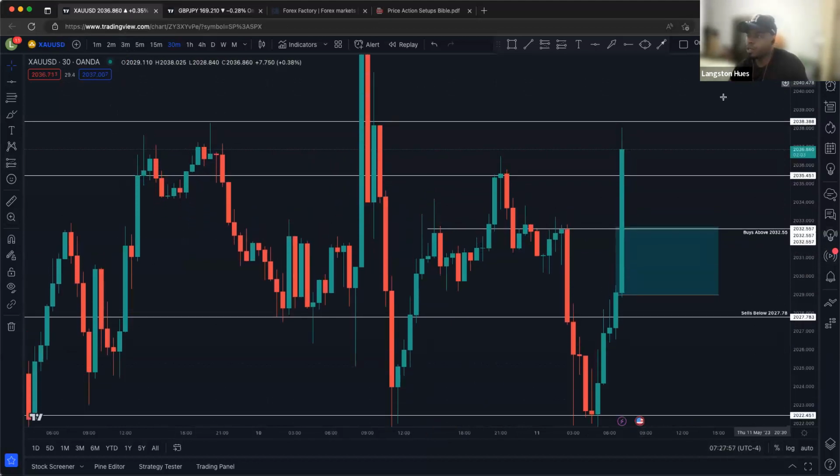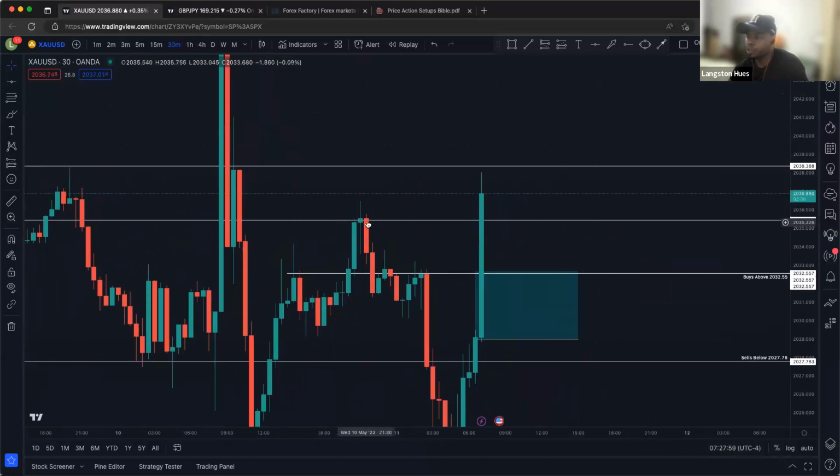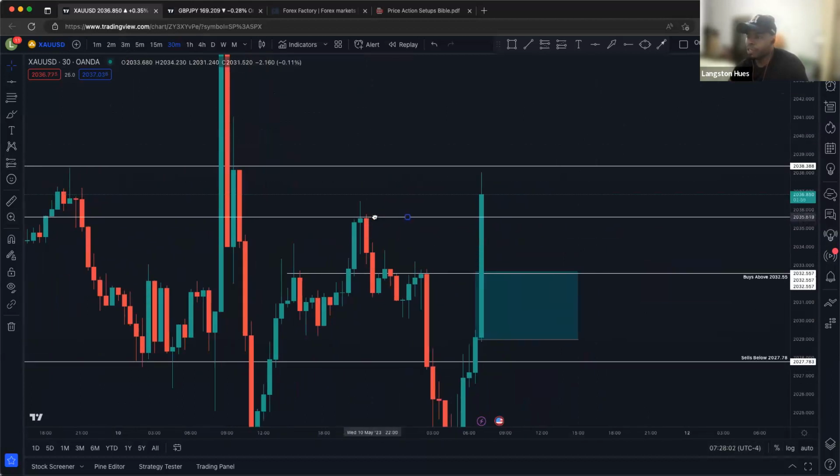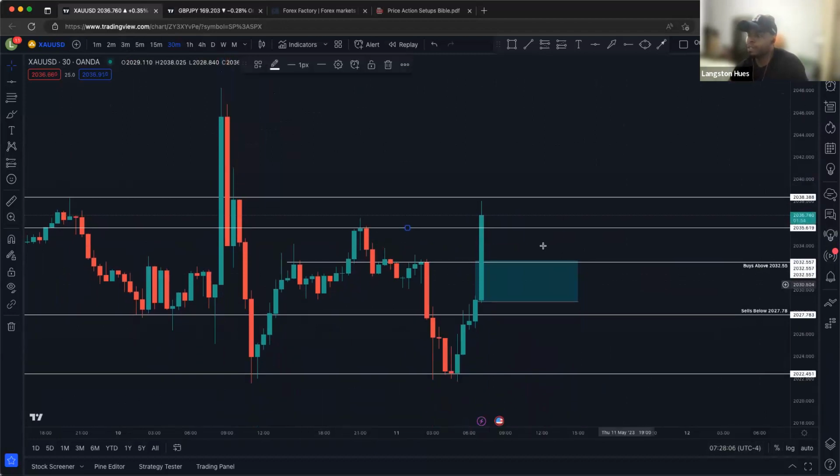So for gold, with this closure above this range right here, I'd be interested in more buys. But with this situation now, I just wait for news to occur, which is in 1 hour on gold. So we got on the charts.